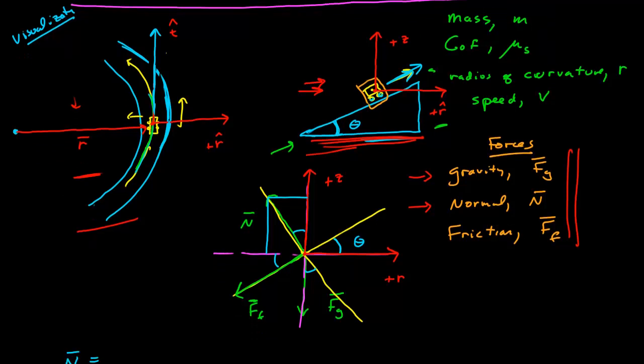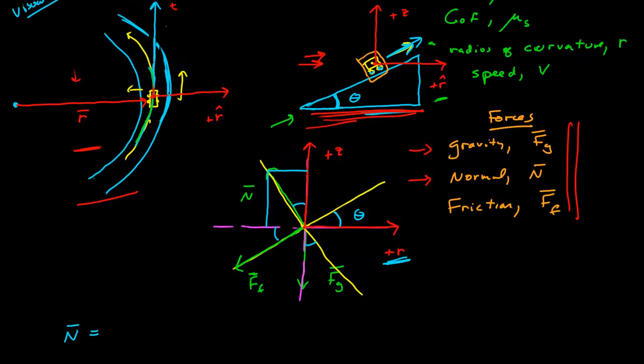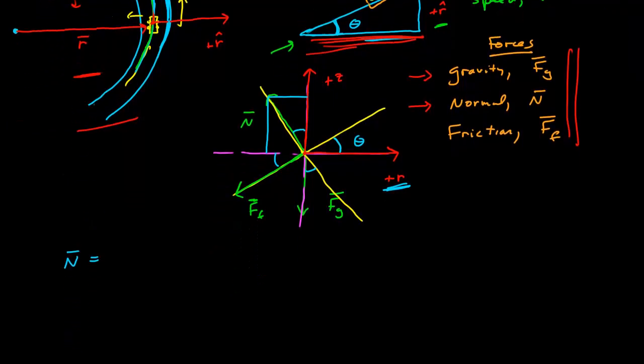In fact, the net acceleration is going to be along R. So we want our coordinate system in such a way that we have only one axis along the direction of the acceleration. Just because you have a wedge doesn't automatically mean you want the axes parallel and perpendicular to the surface of the wedge. It all depends on the context of the problem.